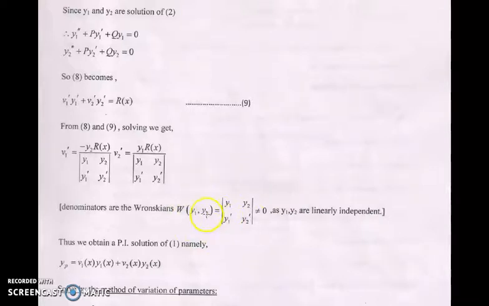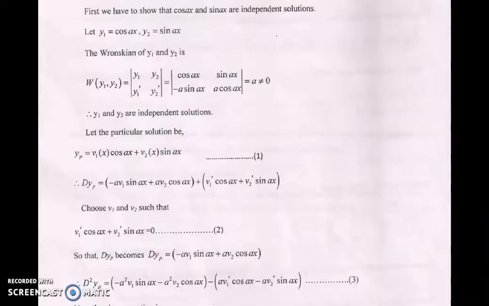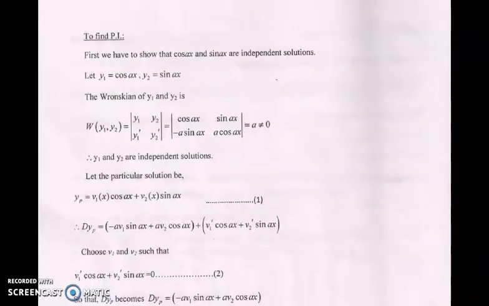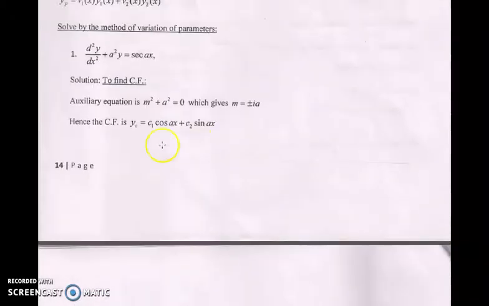If you want to find the Wronskian of y1, y2, it is a second order determinant with first row y1, y2, and the second row y1 dash, that means the differentiation of y1, and y2 dash. Here we consider y1 equals cos ax and y2 equals sin ax, according to c1 cos ax plus c2 sin ax.